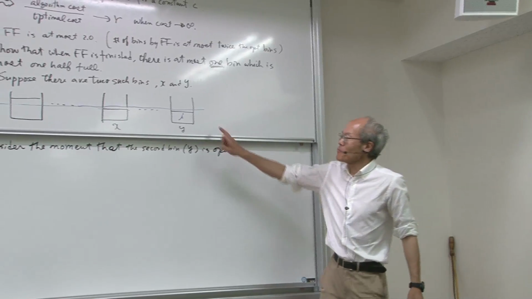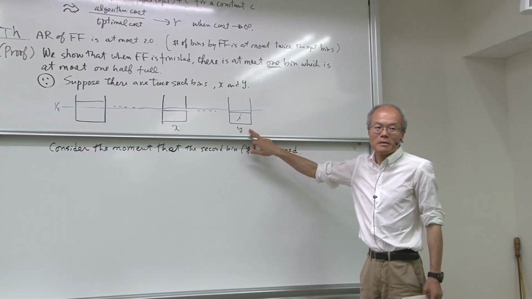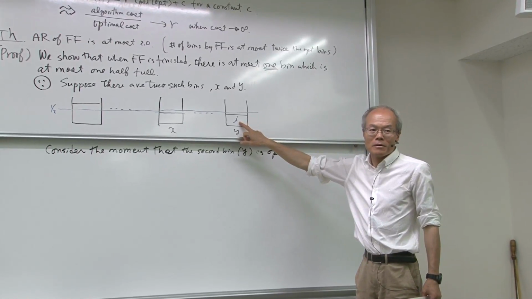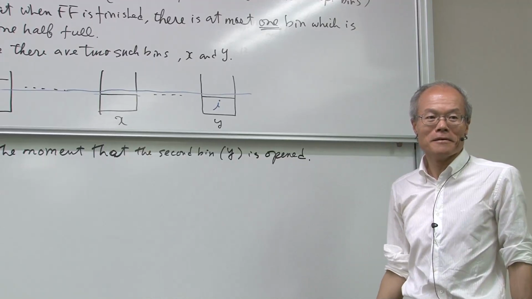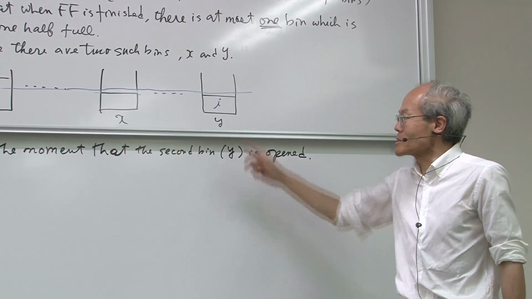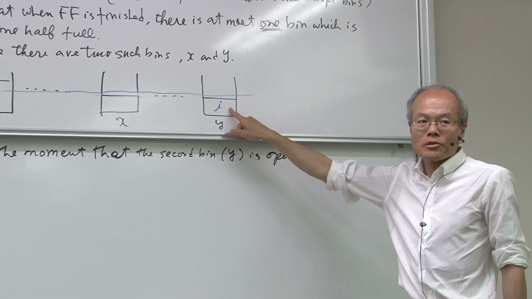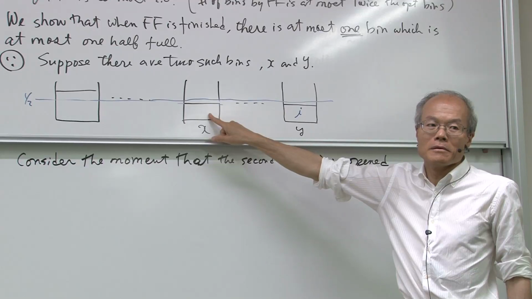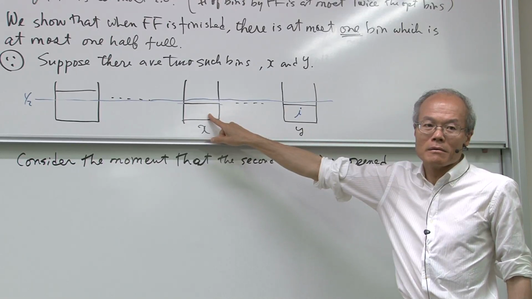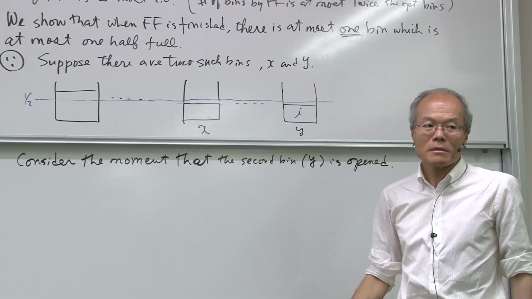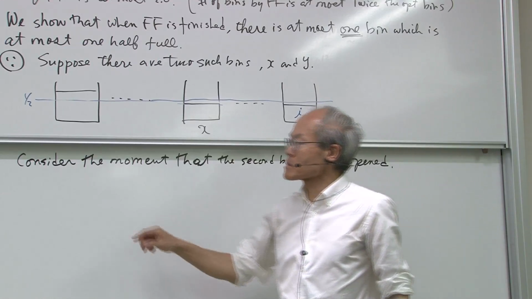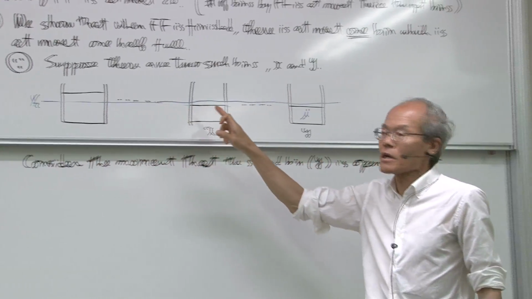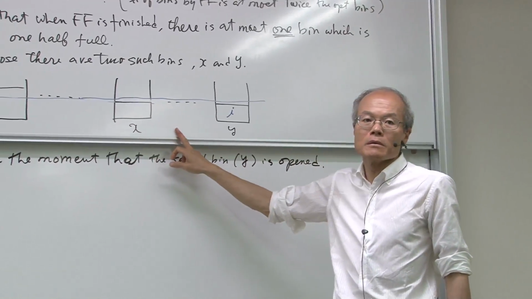Why? This item should have been put into X, because remember, FF looks at bins from left to right and puts the current item into the first bin which is available.